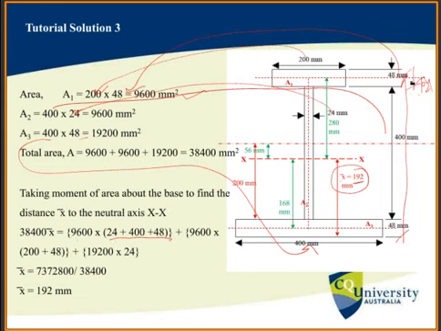This is 24,448. And for the second area A2, it is like that. The center of this equals 200 because we know this value is 400, so half will be 200 plus 48. So area multiplied by the distance. And the third one, the area 19200 and 24, only the halfway of 48.